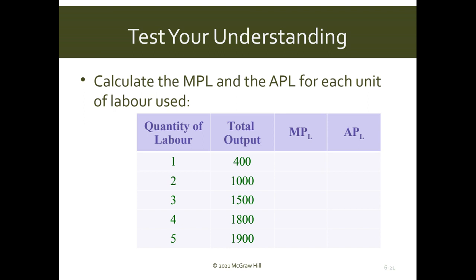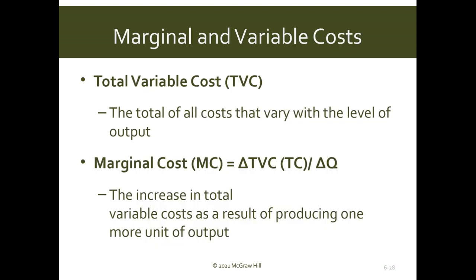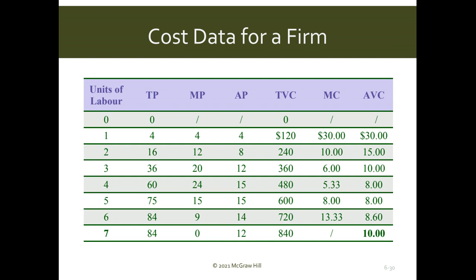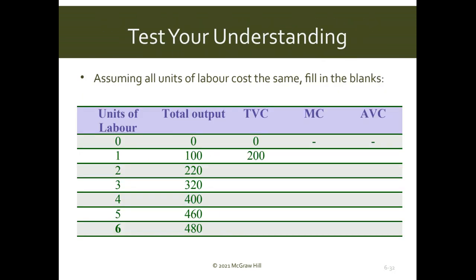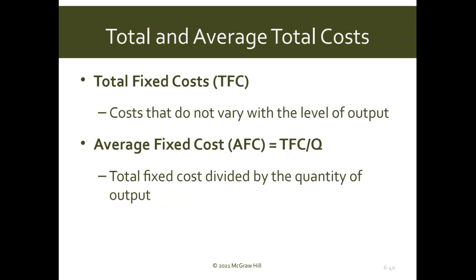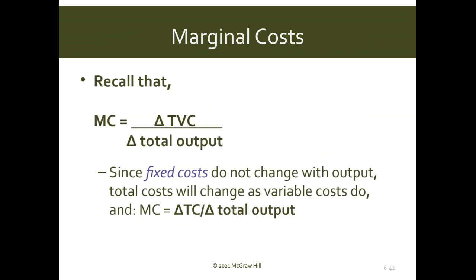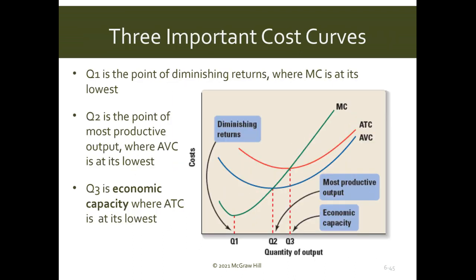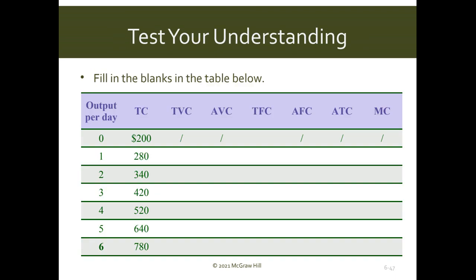And then you have all the costs, which I discussed, and this is the example cost data and the test your understanding slide. Here you can calculate total variable cost, marginal cost, and average variable cost. And there's another test your understanding slide.